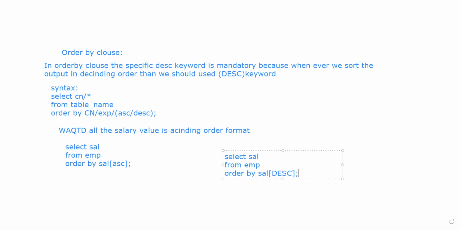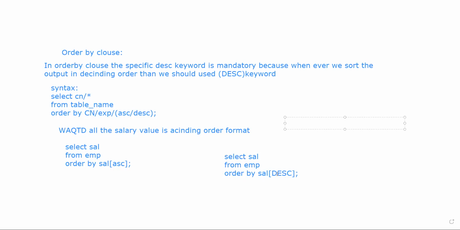Sir, in the order by clause, you told that by default it will take ascending order. So should I put ascending in the first query, or remove that? You don't have to put it in the first query, it will take ascending order by default. I'm just showing you this. No need to put ascending, but to put descending order, we have to write DESC.